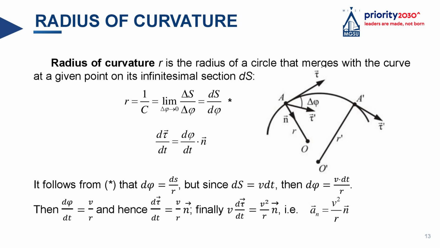It follows from the third equation that d phi is equal to ds over r, but since ds is equal to v dt, then d phi over dt is equal to v over r, and hence d tau over dt is equal to v over r n vector. Finally, v d tau over dt is equal to v squared over r n vector. So it means the shown formula you can see in the presentation slide.